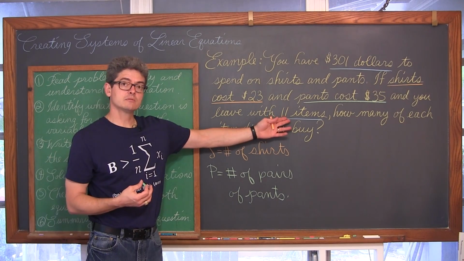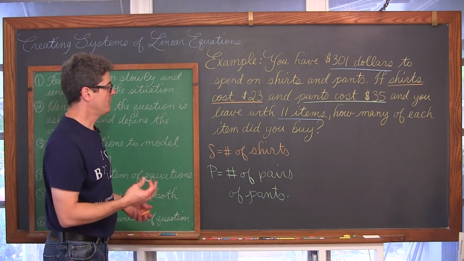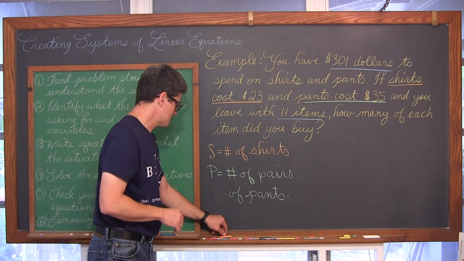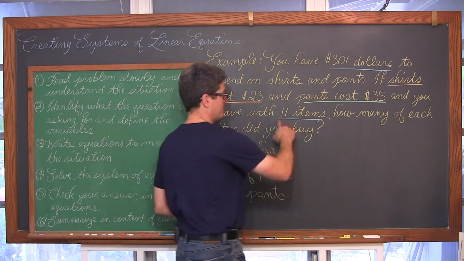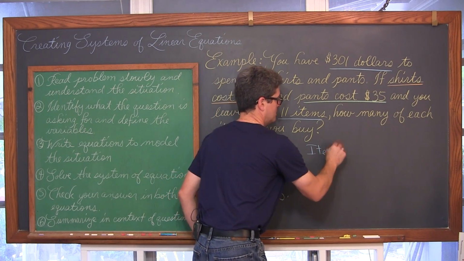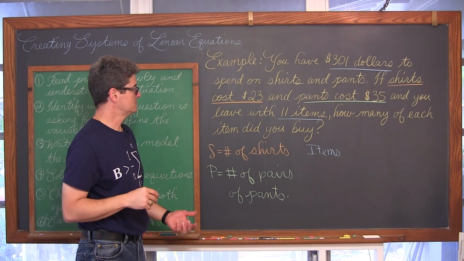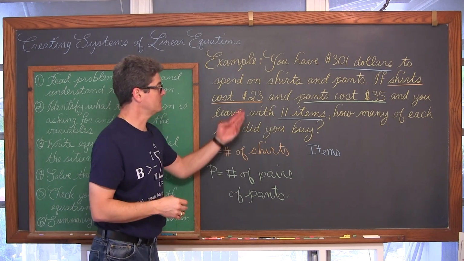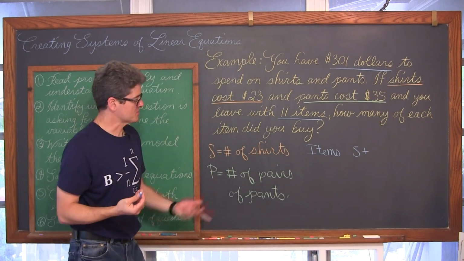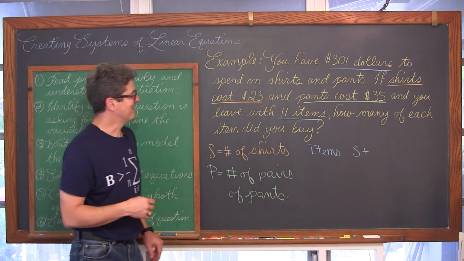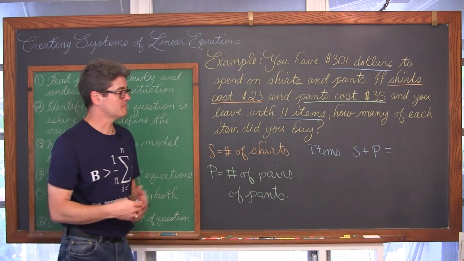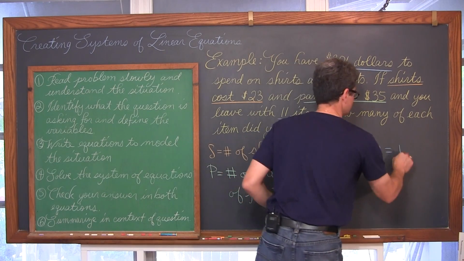We're buying 11 items, so maybe we want to set up an equation for the total number of items. We have an unknown number of shirts plus an unknown number of pairs of pants, and together that comes up to 11.